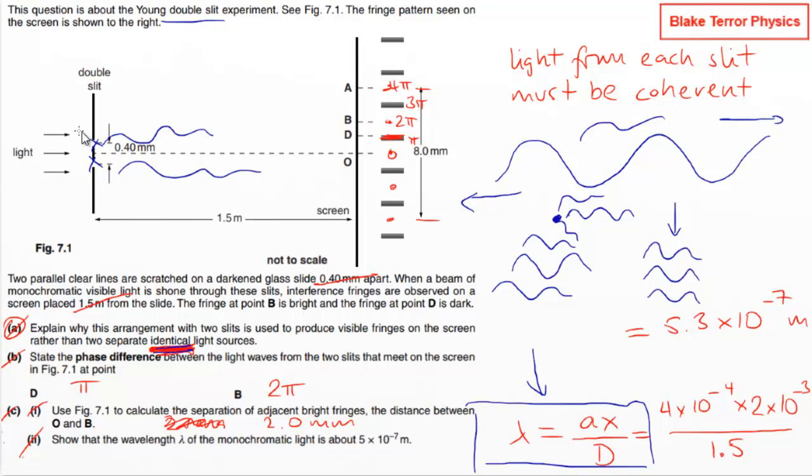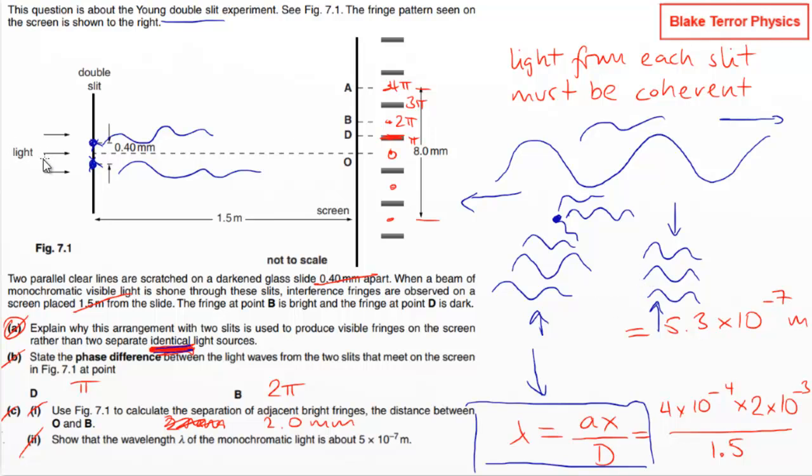So if you've then got 2 identical, whatever the hell that means, light sources at these 2 points, we don't know if we're going to get these wave trains aligned in the same way. All of the trains have got the same frequency, but that doesn't mean they're going to be coherent, because of course coherence is about the phase difference between these trains.